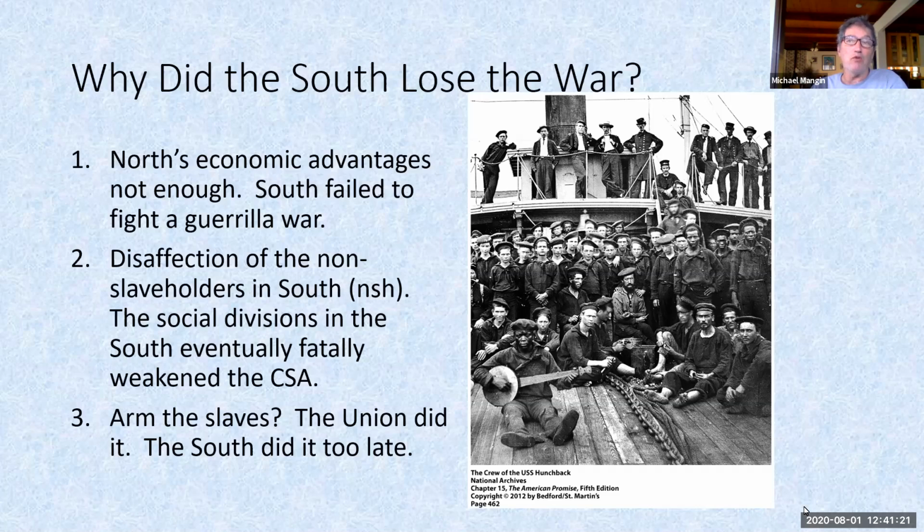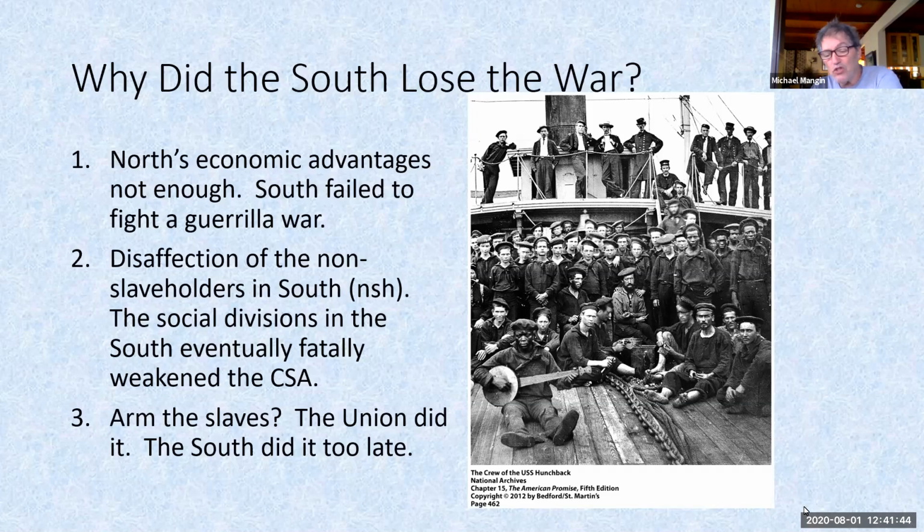The North, meanwhile, had the Democratic Party. If you opposed the war or if you were against Lincoln's wartime policies, you could coalesce in the Democratic Party of the North. And so that political stability helped the North to win the war.